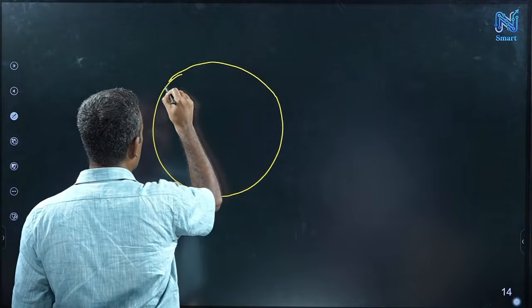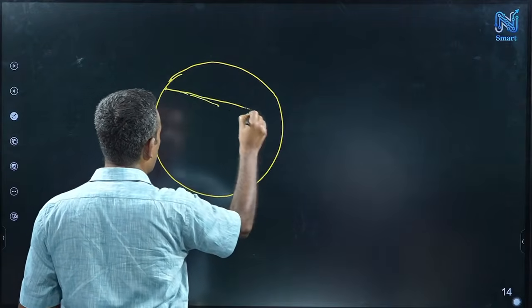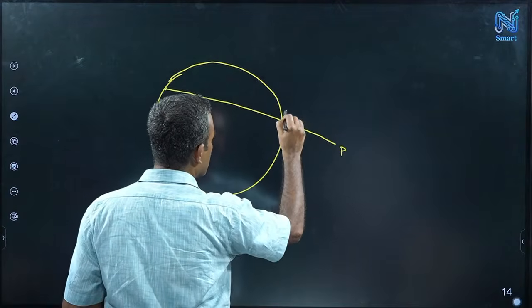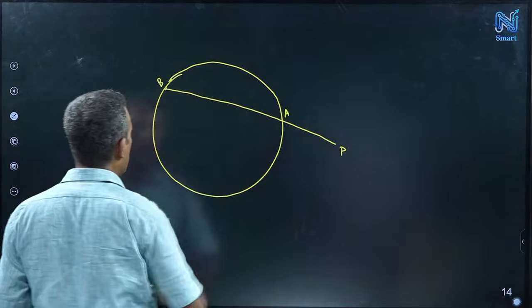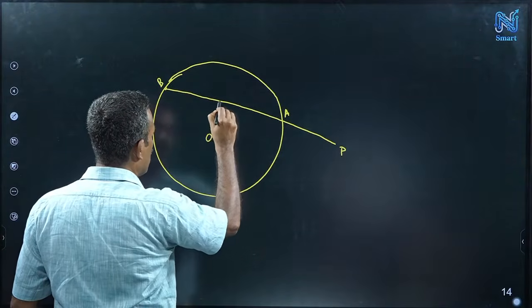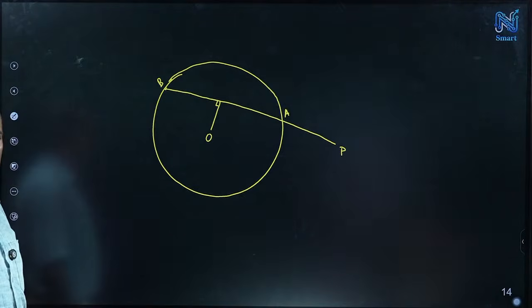So the proof is like that. This is P, this is A, and this is B. Now take the center O, drop the perpendicular on AB, right?